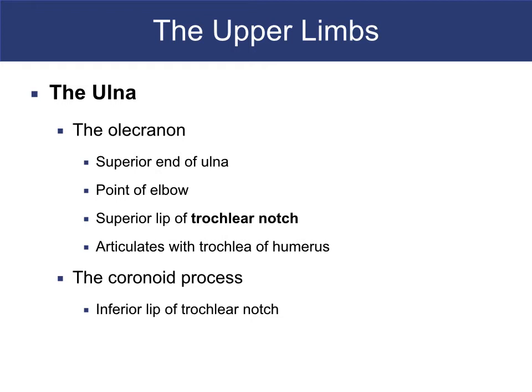This whole notch here is called the trochlear notch, and it's formed of the olecranon on this end and the coronoid on this side. Remember I talked about the bosses that those things fit into. So the coronoid process is the inferior lip of the trochlear notch.